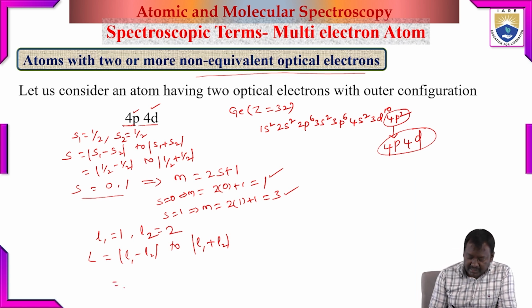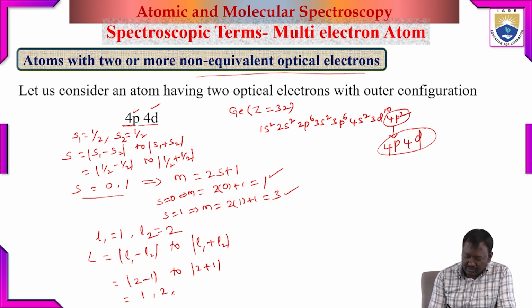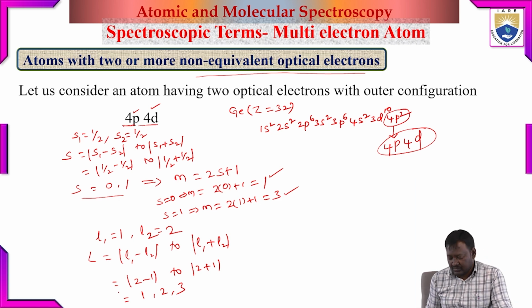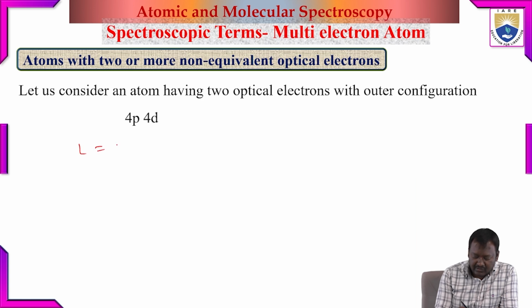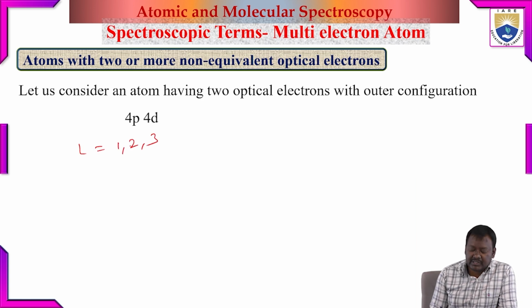So 2 minus 1 to 2 plus 1, we get the values 1, 2, 3. So the L values are 1, 2, 3, corresponding to L equal to 1 means P, 2 means D, 3 means F spectral terms.